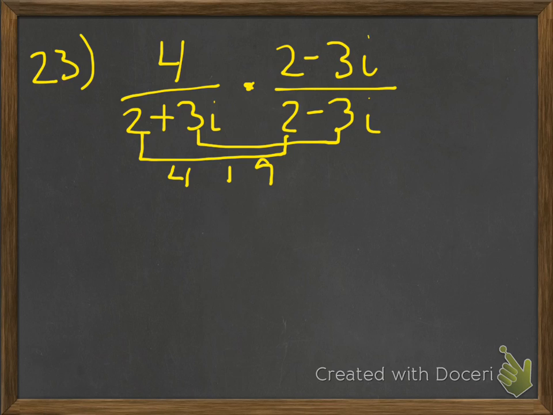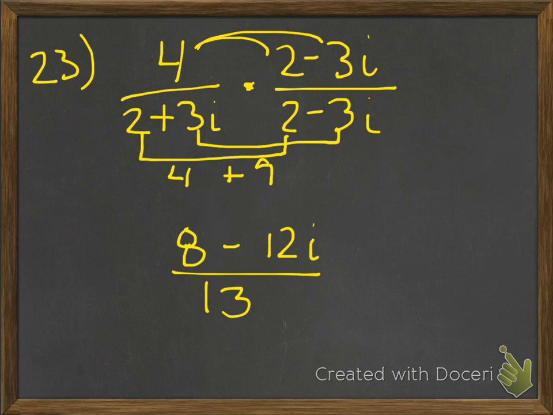So really all you need to be concerned about is this. 2 times 2 is 4. 3 times 3, not even worrying about the sign, is 9. 4 plus 9 is 13. There's your denominator. That's the easiest way to do it. Just say 2 squared plus 3 squared. a squared plus b squared. 4 times 2 is 8. 4 times negative 3 is negative 12. And you're done.